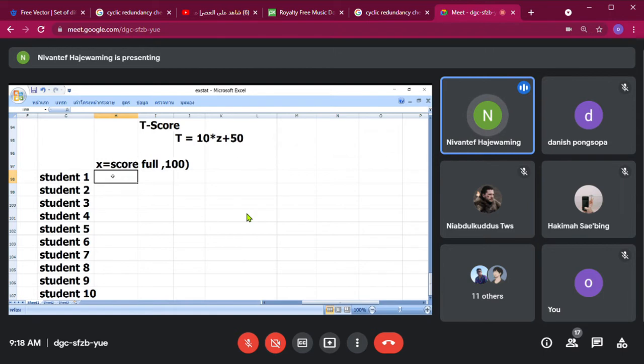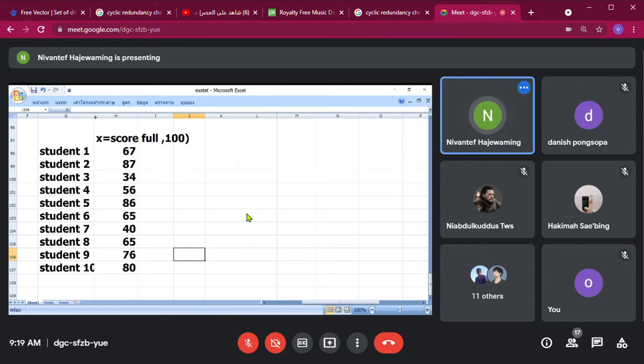Student number 1 has score 60, then number 2, number 3, up to number 10, right?